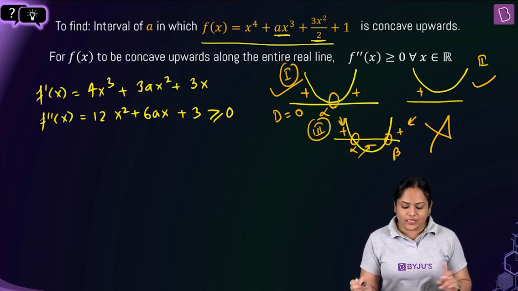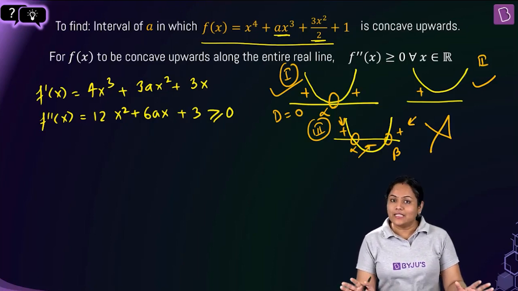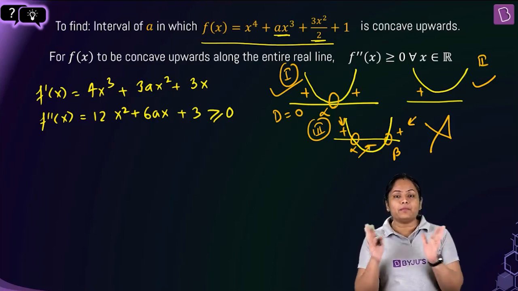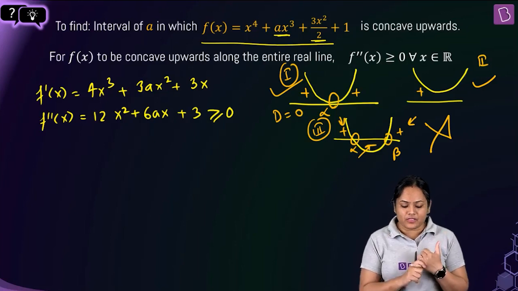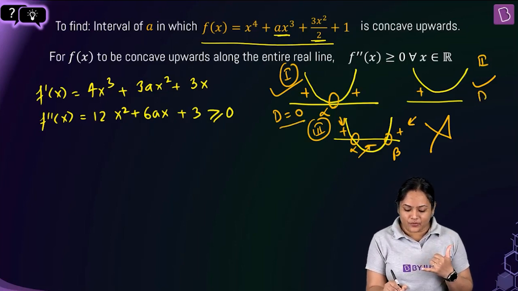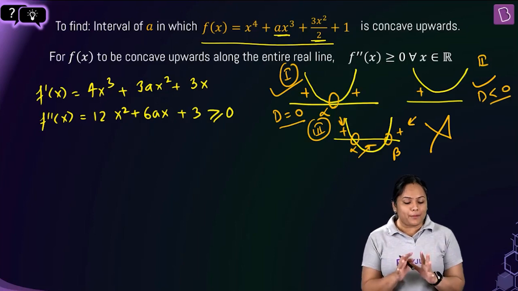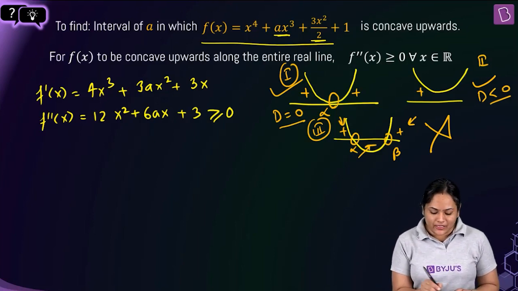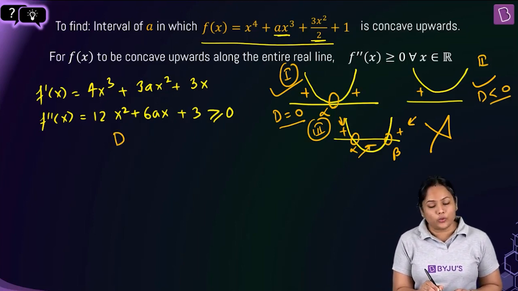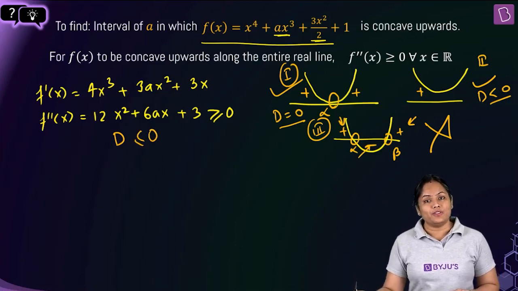So the third case has to be rejected. If I combine my first case where D is 0 and my second case where D is negative, I can directly say that f''(x) is greater than or equal to 0 whenever D is less than or equal to 0.